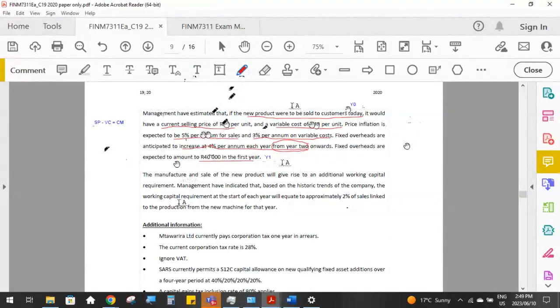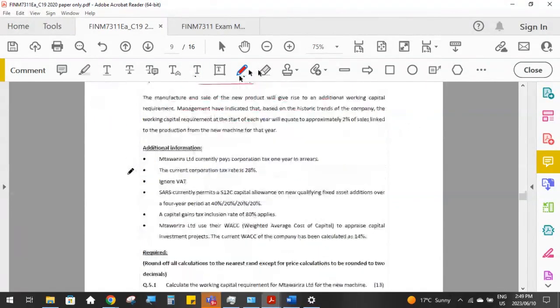They've given us year 0's selling price and variable costs, and they've given us year 1's fixed cost. Make sure you understand what I'm saying. If you don't understand what I've explained here about these timings, then send me a message and please ask me. It's very important you understand this, otherwise you're going to get all your calculations wrong.